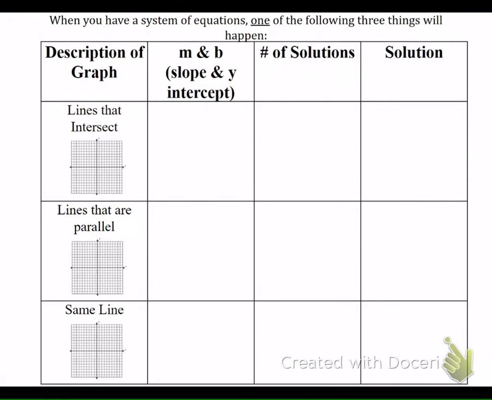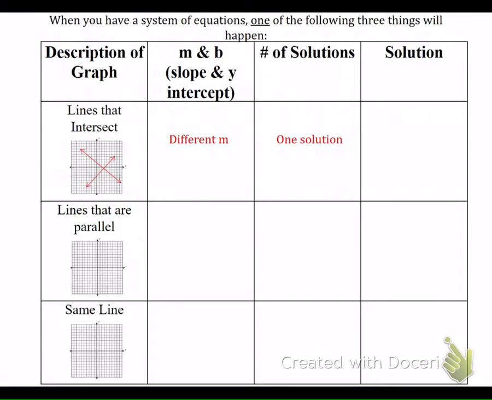All right. This is in the bottom half of your notes. Pretty obvious, right? So when we have a system of equations, one of the following 3 things is going to happen. Okay? The most common one is the first one. It looks like that. The lines are going to cross each other. There's a different m.